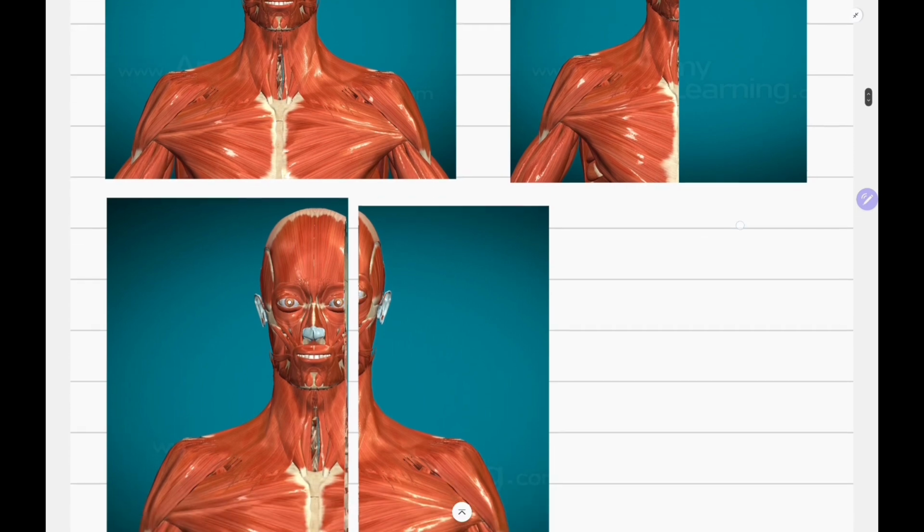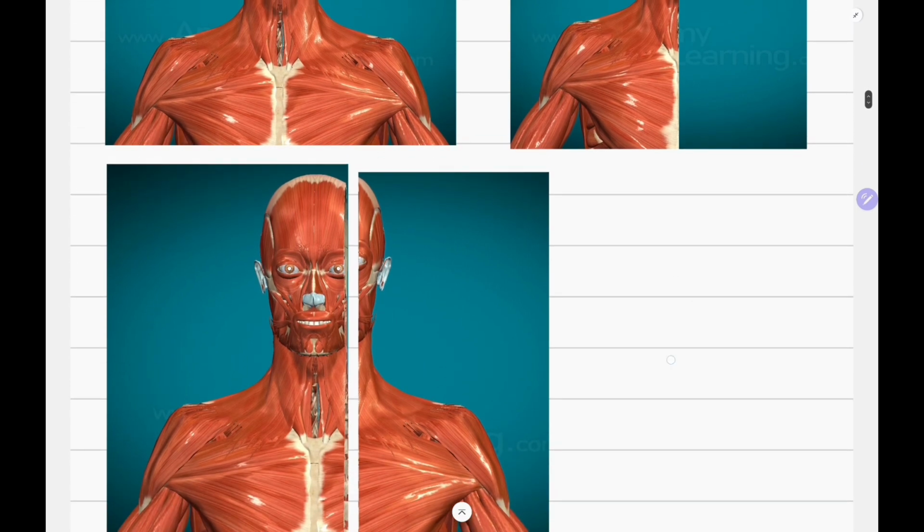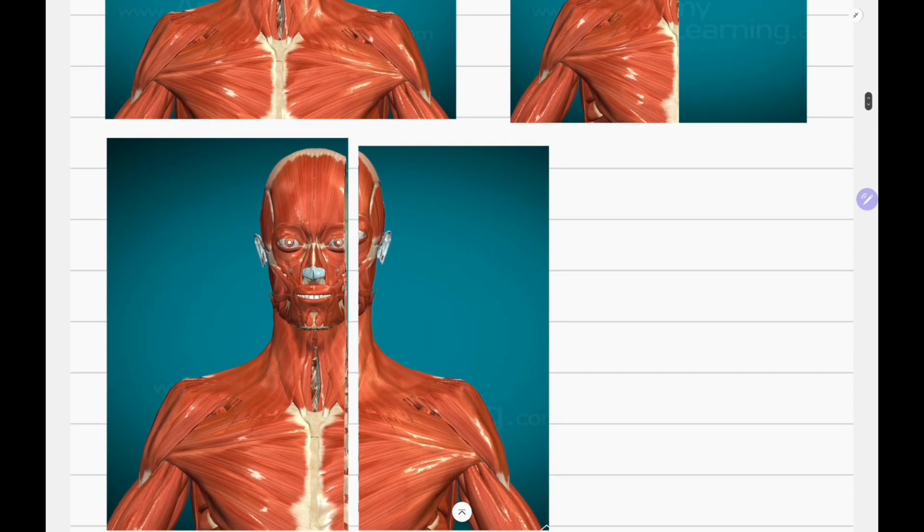So basically, as I've told you, our end goal of sectioning the human body is to view the internal organs. And there is no use of sectioning the body until and unless I am able to view the internal organs.